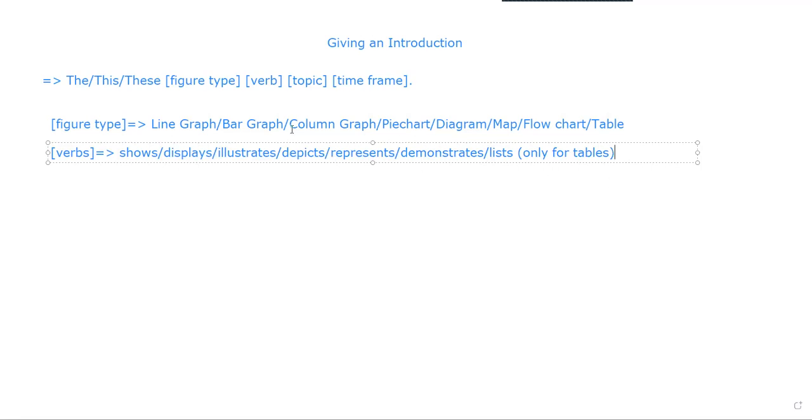Okay. Now let's come to the topic. So the specific topic would be the information that the figure is showing you. For example, if you are given a graph of a city or a country's population, the topic would be population of that country. By reading the question instructions and looking at the figure, you will understand what the topic is.